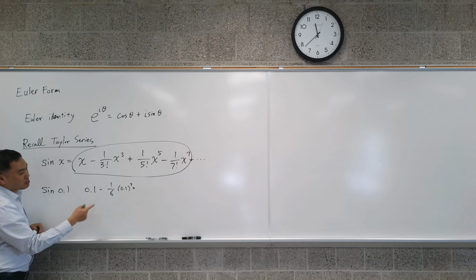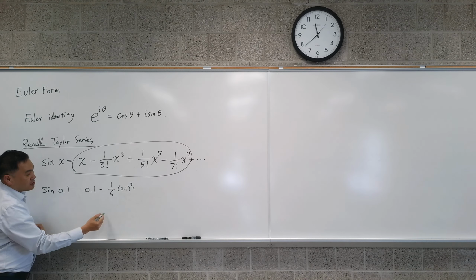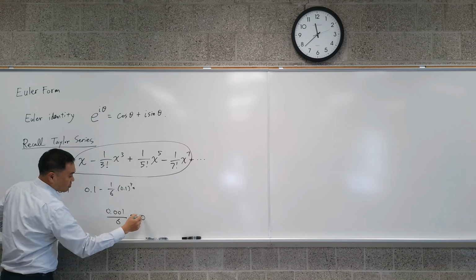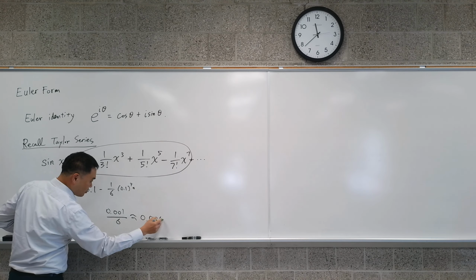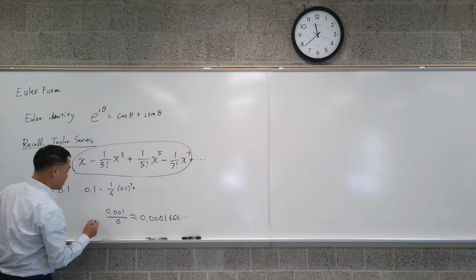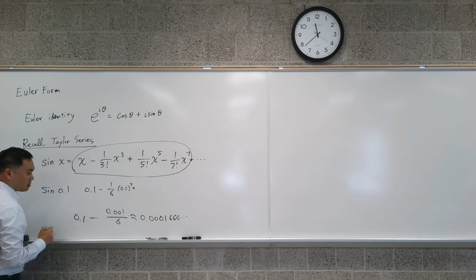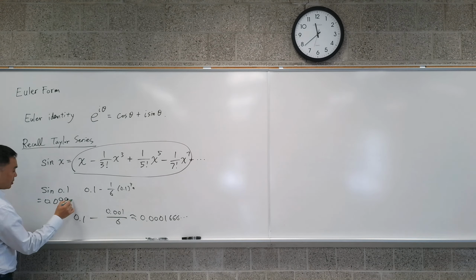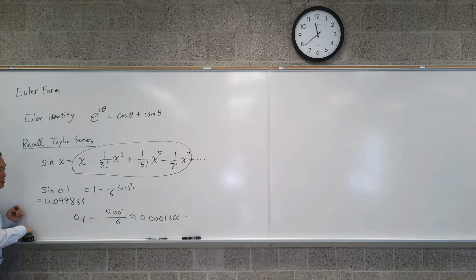That's 0.001 over 6, which is 0.00016666, and that's being subtracted from 0.1, so this will be 0.0998833. So that's the approximate value.